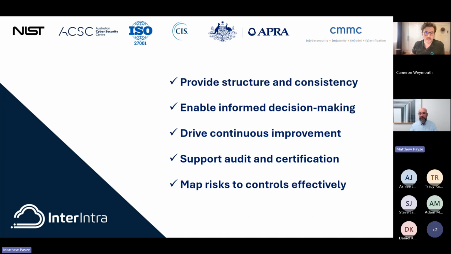They're also really good at mapping, I would say, controls to risks, right? Or risks to controls. So most of the frameworks, NIST and ISO, etc., have a control library or a safeguard library, and they allow us to have some structure in bridging the gap between risk identification and control implementation.